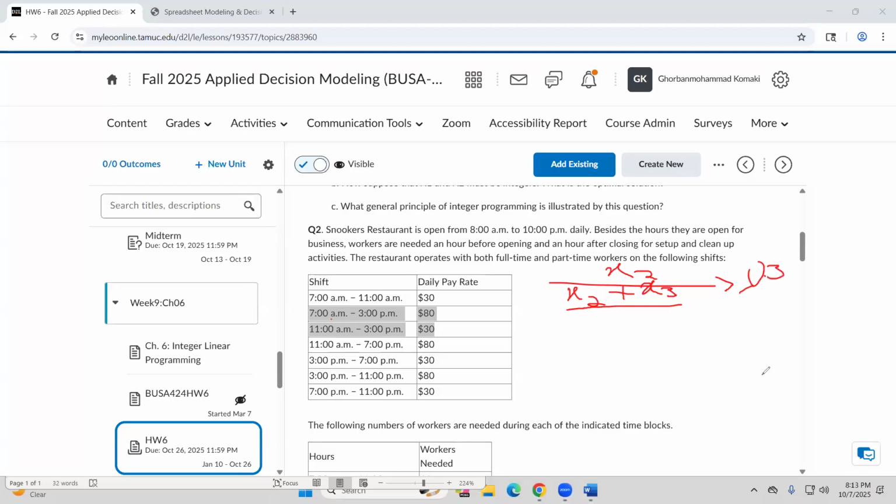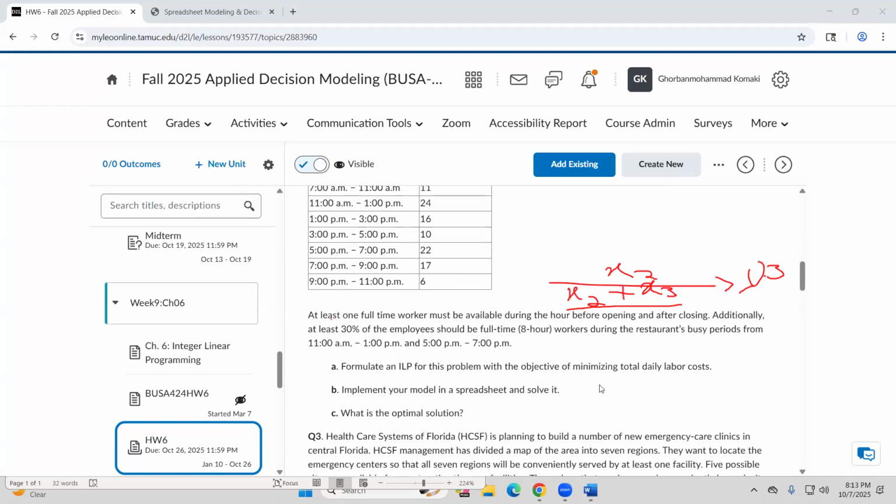And you can simplify this. Make sense? So you are making sure 30% of the employees are full-time, right? So is it X2 over X2 plus X3 greater than 0.3?